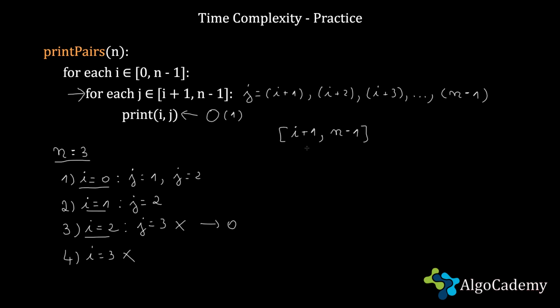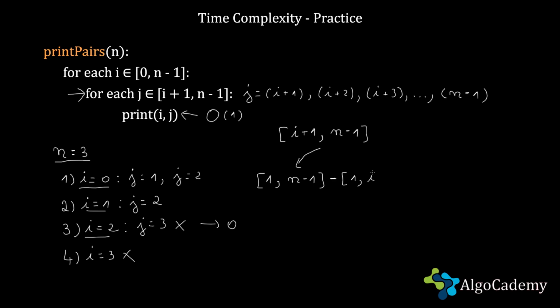I'm going to write this as the bigger range, which starts always from 1. So the range 1 to n minus 1, all the numbers from 1 to n minus 1, if I remove all the numbers from 1 to where? The first one here is I plus 1, right? So I have to remove all the numbers less than I plus 1.